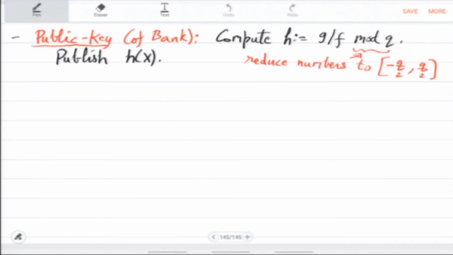Okay, so let us now start with the first main step, which is encryption, that will be done by the client.